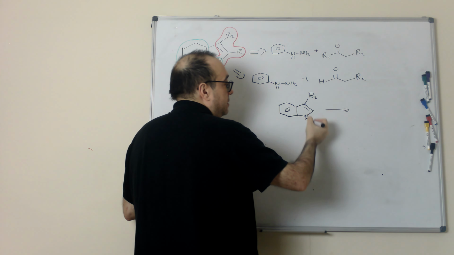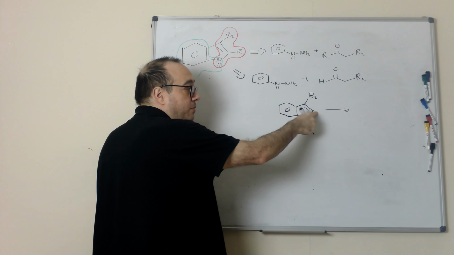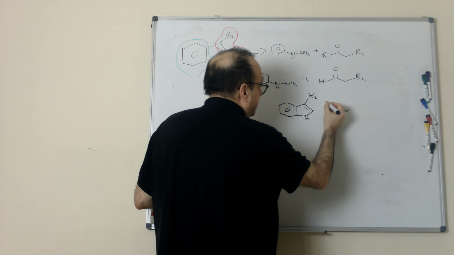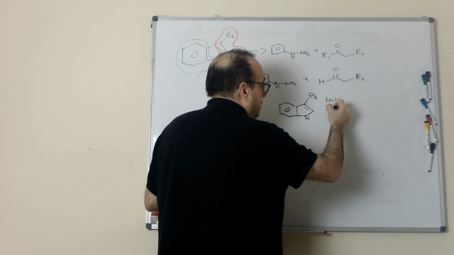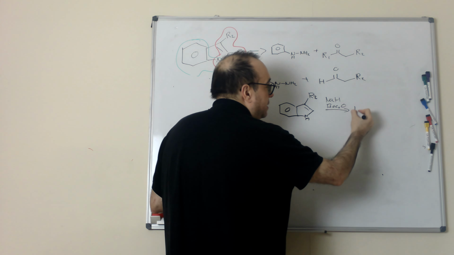Okay, how do we do it? Remember, we can do the lithiation of this position because this hydrogen is the most acidic. How? First we protect the nitrogen. Remember, we did this the day before.